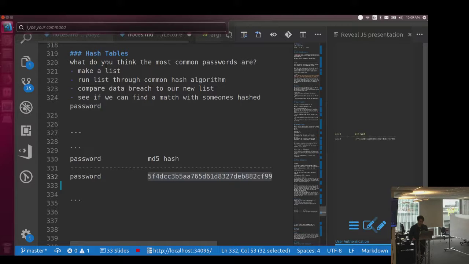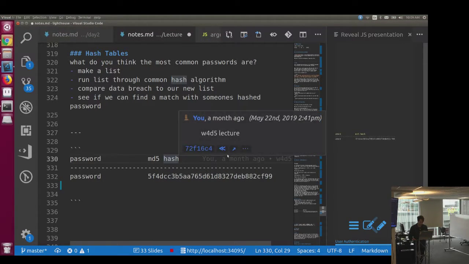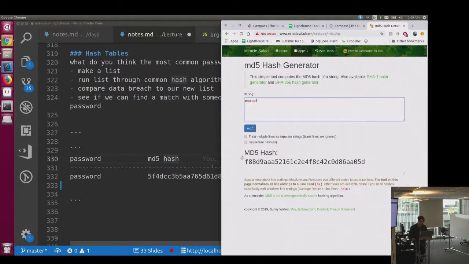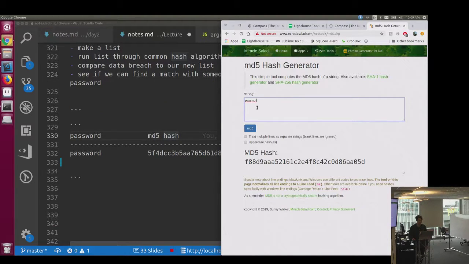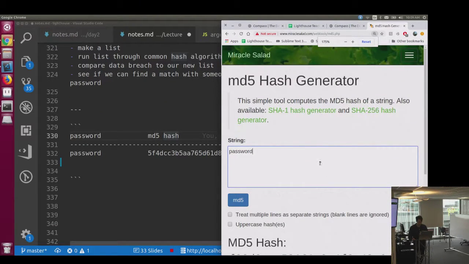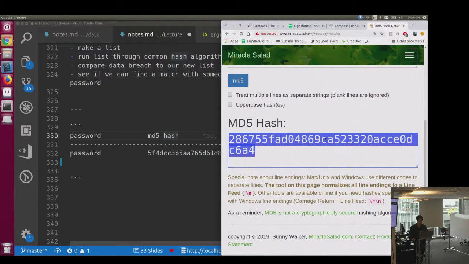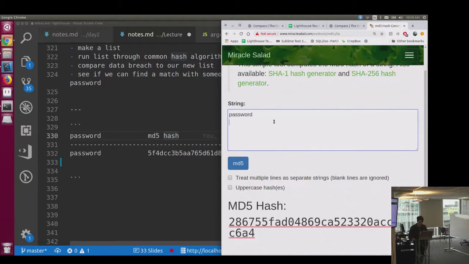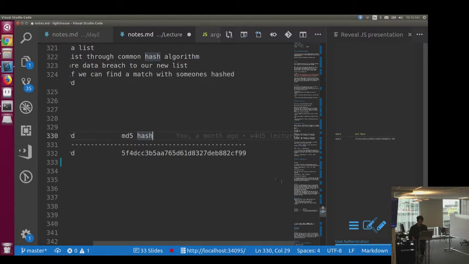We can go online to an MD5 hash generator, or use the application directly in anything we wanted, and just put in a password and get the hash associated with it. That's all I did for this first one. Actually, password. There we go. So we see 5F4, and the end of it is F99.